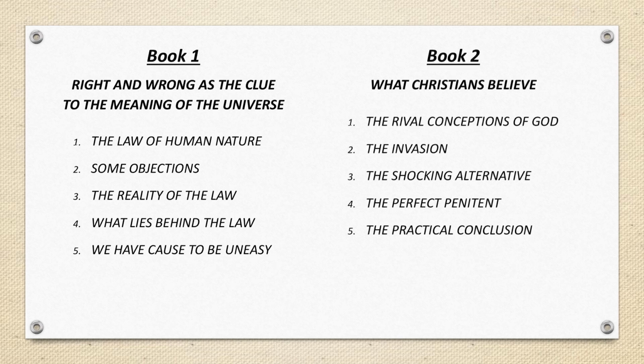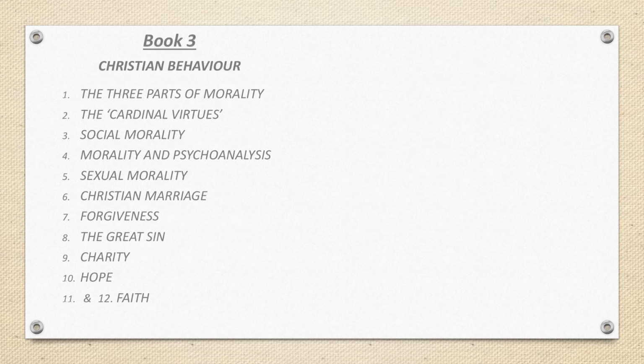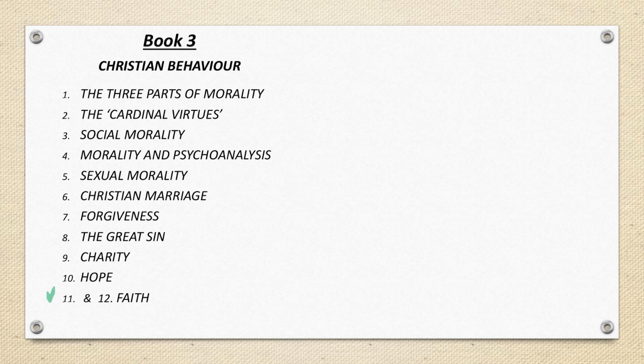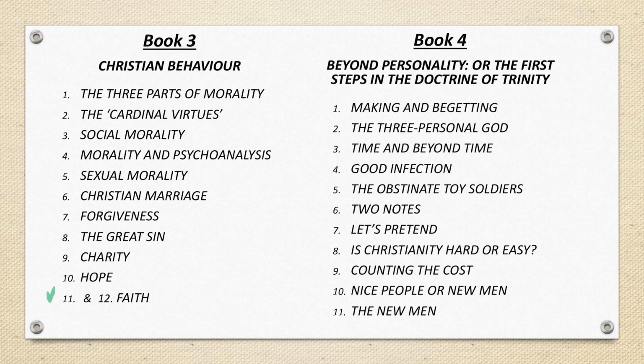Book 2, What Christians Believe. And Book 3 has Christian Behavior. And please note, chapters 11 and 12 cover the subject matter of faith, which are very important chapters. Book 4, Beyond Personality, and what it means to be a Christian is captured here.